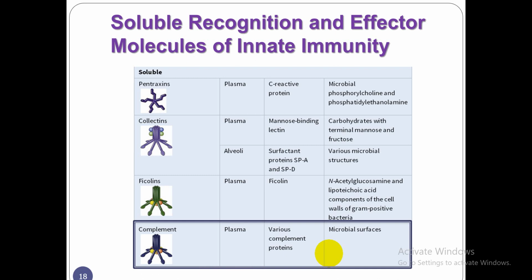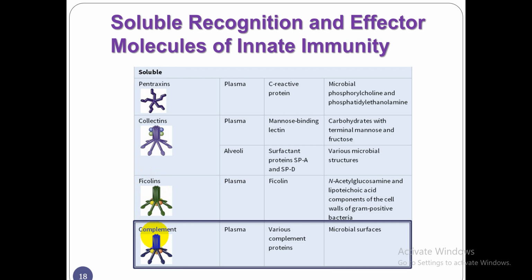I said that we have some soluble PRRs, and these soluble PRRs belong to innate immunity. For example, you see here pentraxin, collectin, ficolins, and complement are some kinds of soluble PRRs.